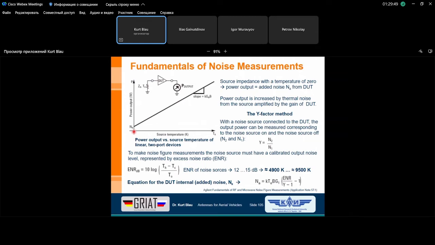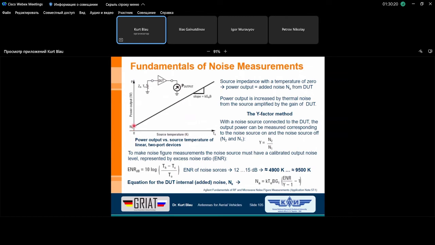For instance, if we could make the source temperature 0 Kelvin, an absolute 0 point, from a physical point of view we cannot realize this, it's only imagination. And if we could do this, then at the output of our device under test, for instance an active device, in this case an amplifier, we can measure or detect the added output noise power.